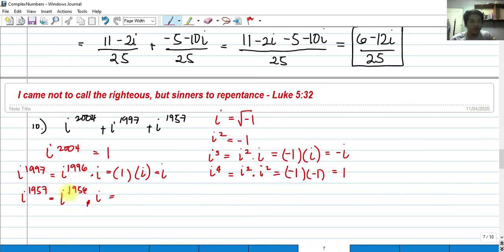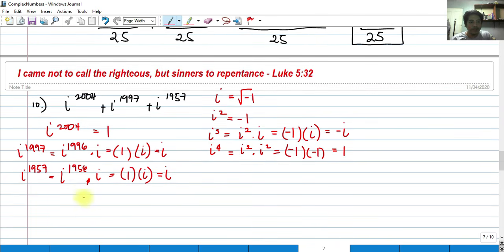So I know that this is divisible by 4, and then that is equal to 1, and that is multiplied by i, and that is 1 times i is equal to i. So simply, I'm going to replace this whole question by 1 plus i plus i. So simply, our answer should be 1 plus 2i.